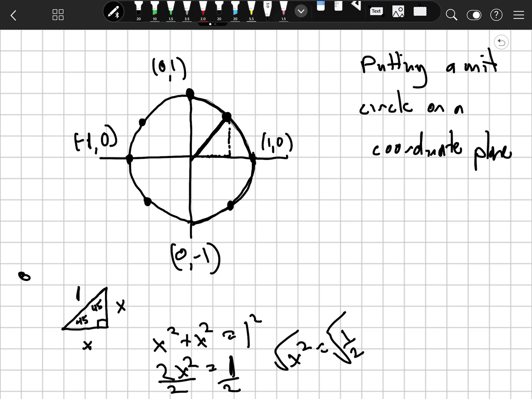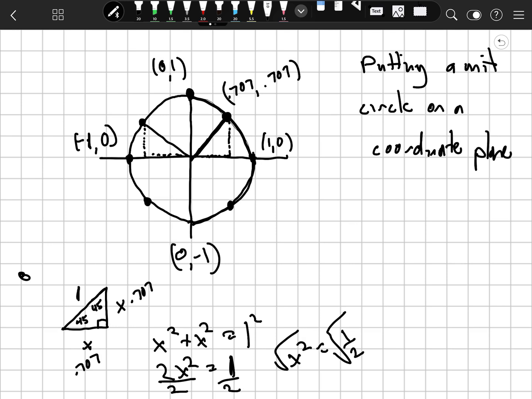It's the square root of 1/2, and if you plug that in your calculator, it's going to be about 0.707. So here we have 0.707 and 0.707, the point (0.707, 0.707). Okay. Now let's populate our circle with a few of these. Can you also see a 45-degree triangle right here?